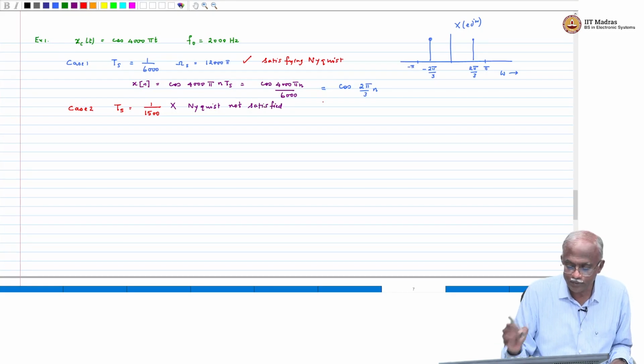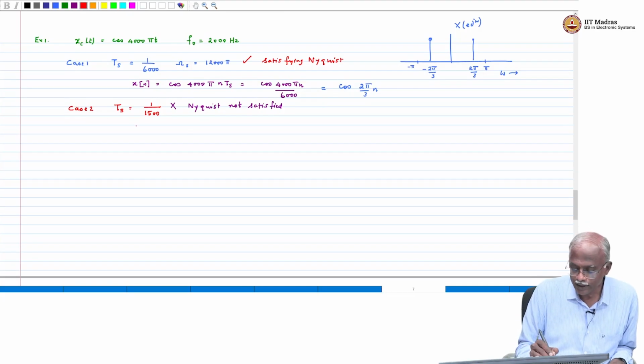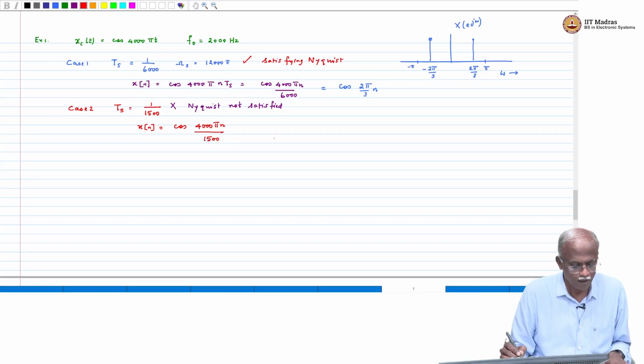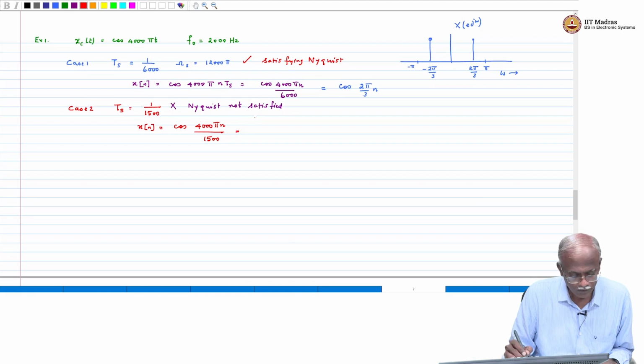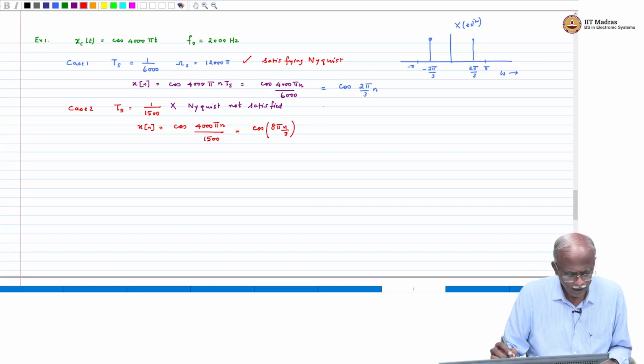But what does the discrete time signal look like when you do this? Let us take a look. X of n is cosine 4000 pi n, Ts is 1 over 1500. If you simplify, you will get cosine 8 pi n by 3. 8 pi n by 3 can be written as cosine of 2 pi plus 2 pi by 3 times n.